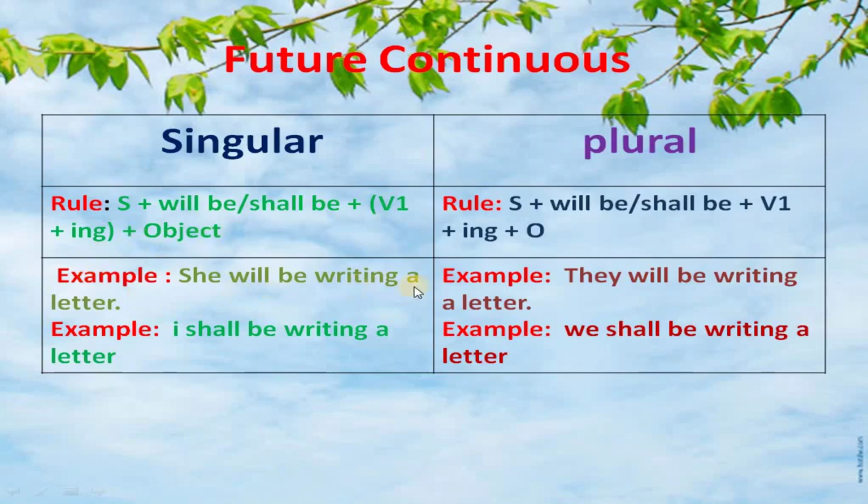Example, she will be writing a letter, or I will be writing a letter. Rule for the plural form, subject plus will be or shall be plus V1 plus ing plus object. Example, they will be writing a letter. One more example, we shall be writing a letter.